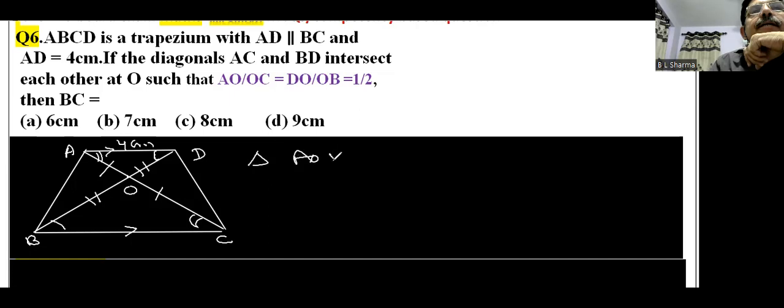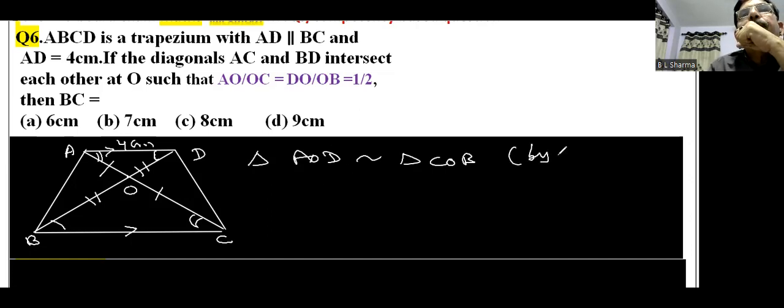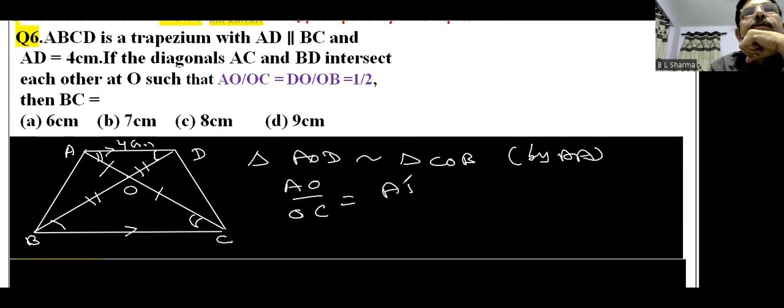Therefore, triangle AOD is similar to triangle COB, by angle property. And we know the ratio of corresponding sides of similar triangles are equal. So AO upon OC is equal to AD upon BC.